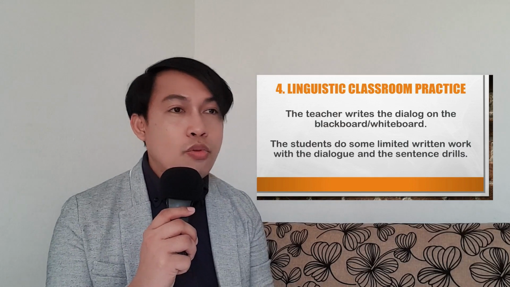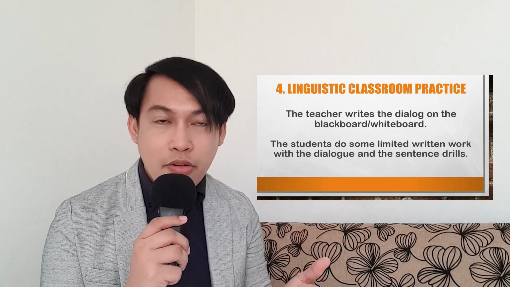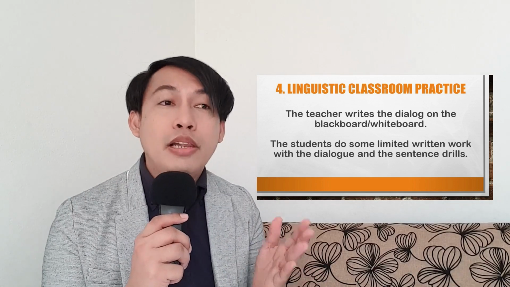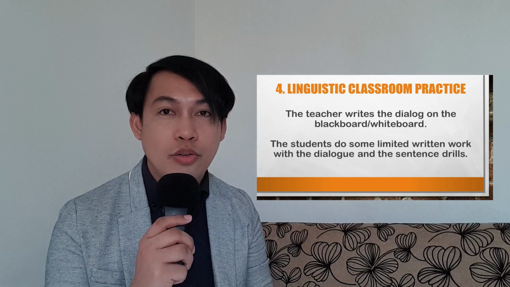How can we put this into practice? The teacher writes a dialogue on the board or provides some vocabularies. The students do some limited written work with the dialogue and sentence drill. So it's our responsibility to provide the necessary words that they need for the lesson.